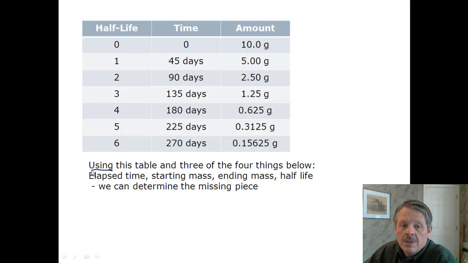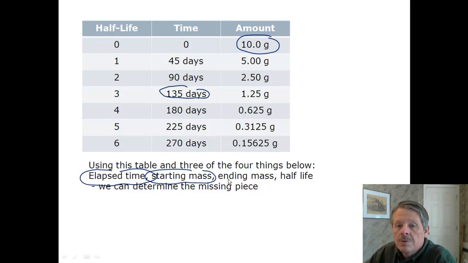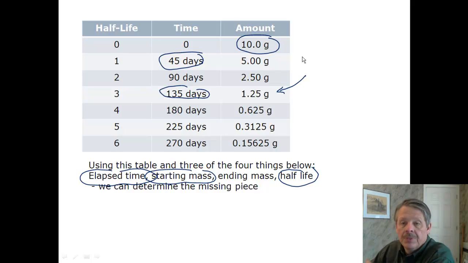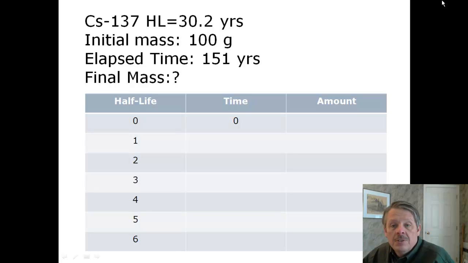In this case, I gave you the elapsed time, which was 135 days, the starting mass, which was 10 grams, and the half-life, which I told you was 45 days. Then you should be able to calculate this one. If I give you any 3, you should be able to calculate the 4th. So we're going to go through some examples where I give you different pieces and you figure out what it is. This is very similar to the one we just did.